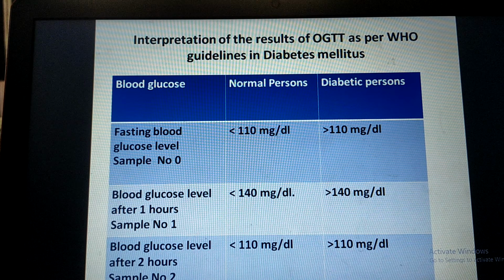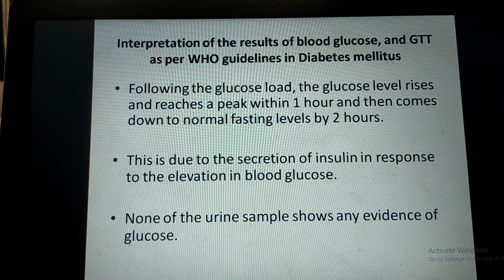So this is the interpretation. When the glucose load is given to a person, the glucose starts rising in his blood and reaches the peak within 1 hour. But in case of post meal, when the patient eats food, then the peak blood glucose level is reached at the end of 2 hours. But here the peak is reached within 1 hour because glucose does not require digestion.